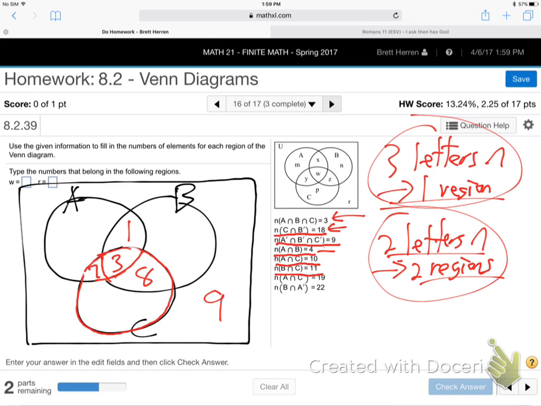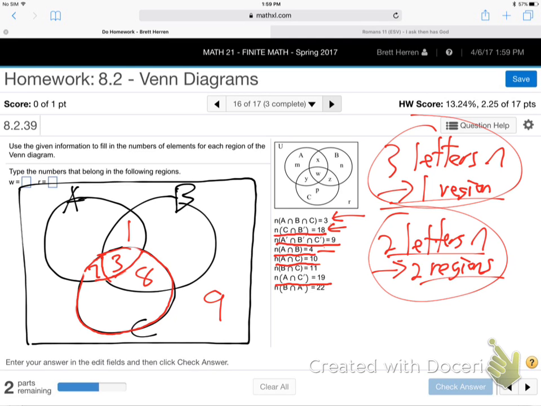And then A overlap C. Oh, is that not C? I can't see. I thought we already did A overlap C. A overlap not C. Thank you. A overlap not C. Where is A? What sections? Got to be 2 sections, right? Because it's only 2 letters, 2 sections. Where are the 2 sections that are A and they're not C?